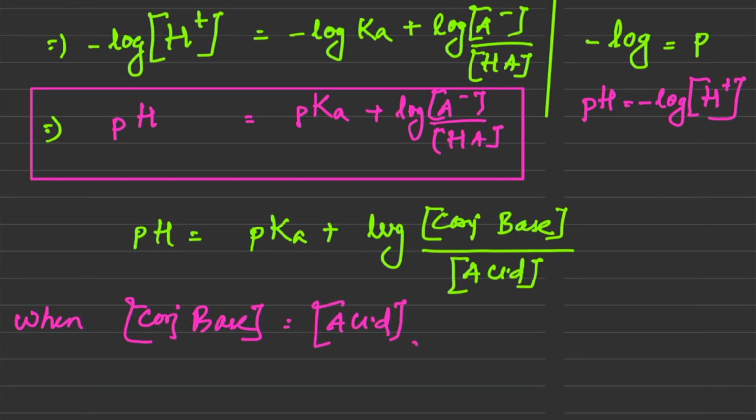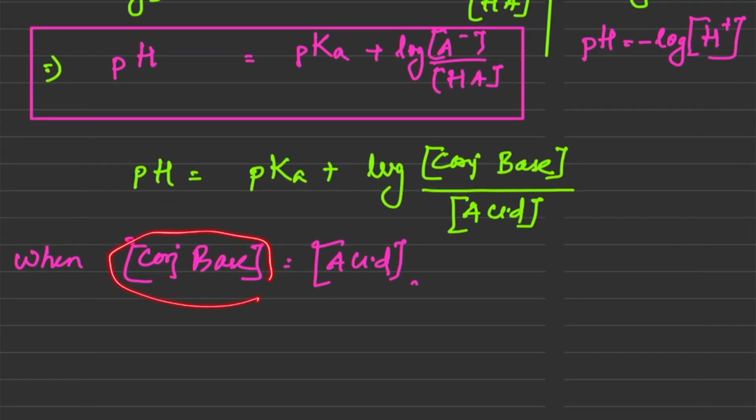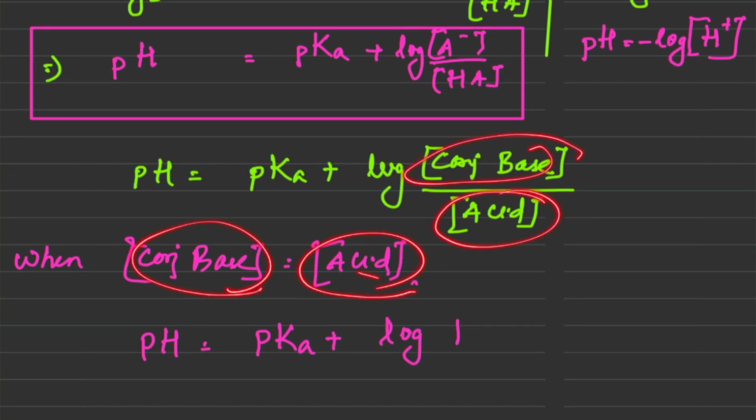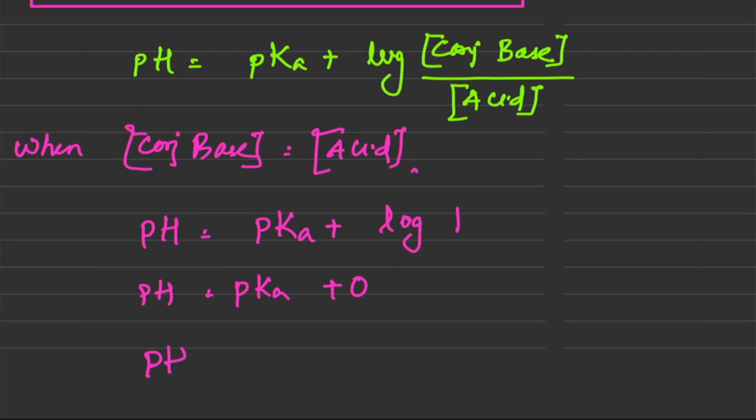Let's apply that scenario. If these two are equal, let's say both are 5, then 5 divided by 5 is 1, right? So they cancel out. pH equals pKa plus log of 1, because if both of these terms are equal, it becomes 1. And we know that log of 1 is 0. So our conclusion is that pH equals pKa.